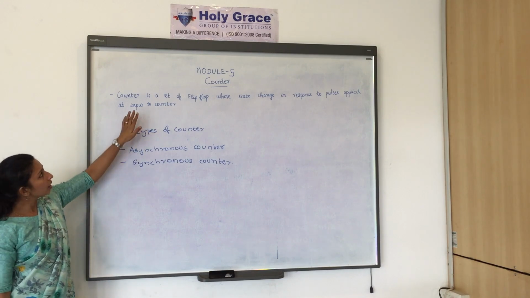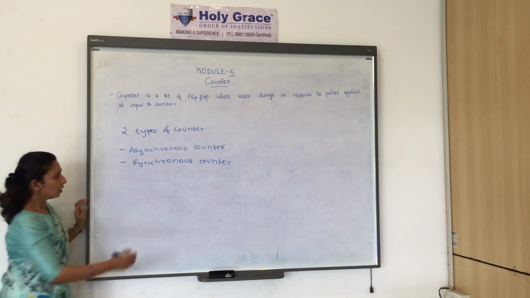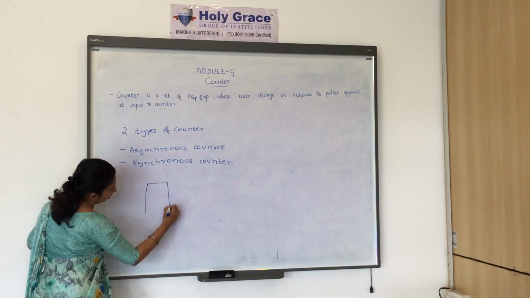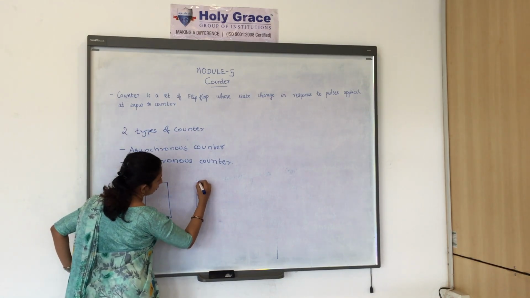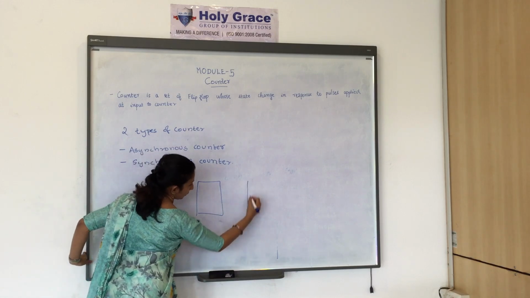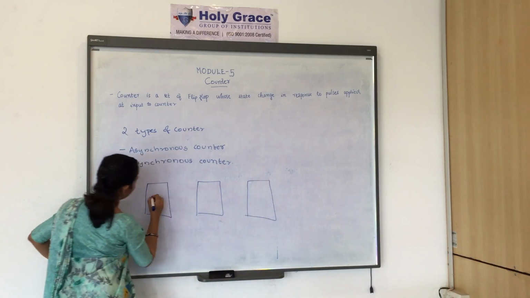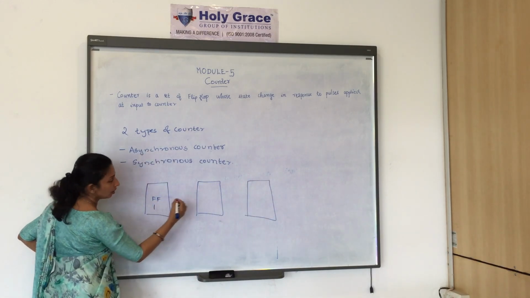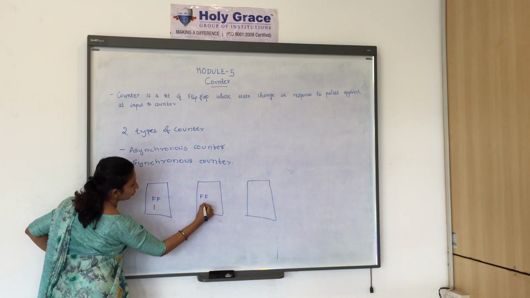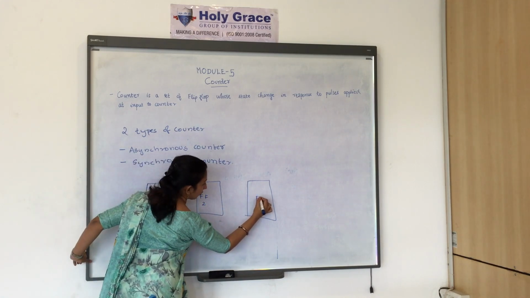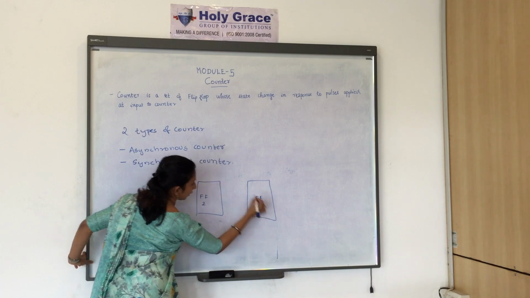As I told, a counter is a set of flip-flops. Suppose a counter consists of 3 flip-flops. Let this be flip-flop 1, this flip-flop 2, and this flip-flop 3.